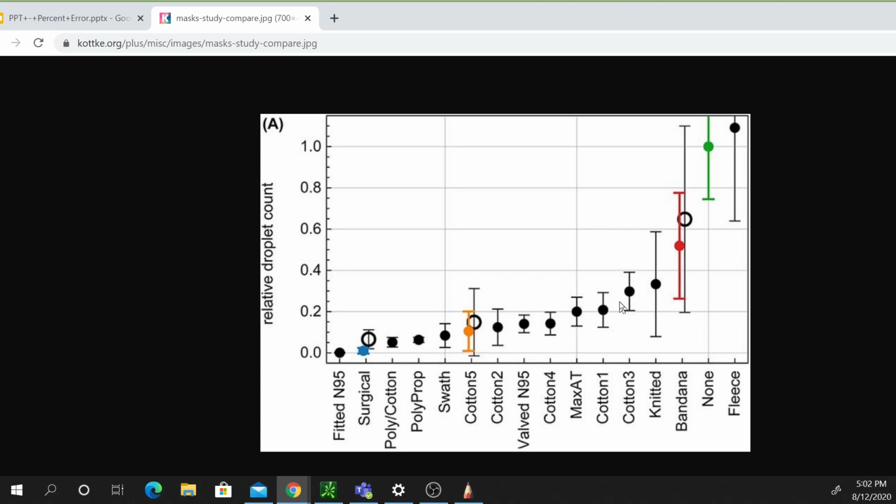If I saw something where they were trying to compare how a 4-ply cotton mask was really effective and a bandana was not, I would ask, where are your error bars? An error bar like this, that's a whole order of magnitude in comparison to what's being measured, indicates that they don't really have a good grasp on whether or not it's going to be effective.